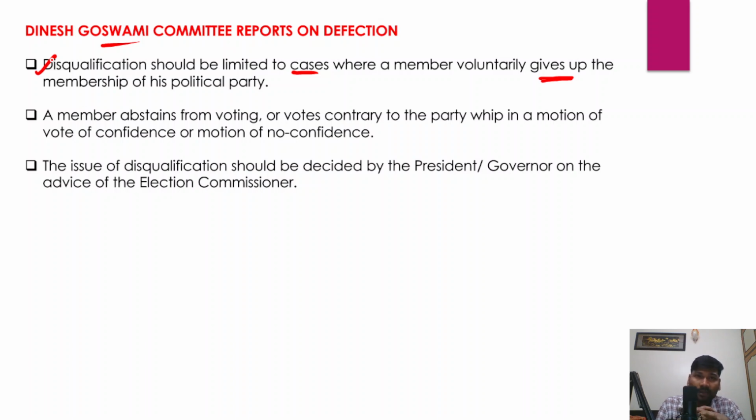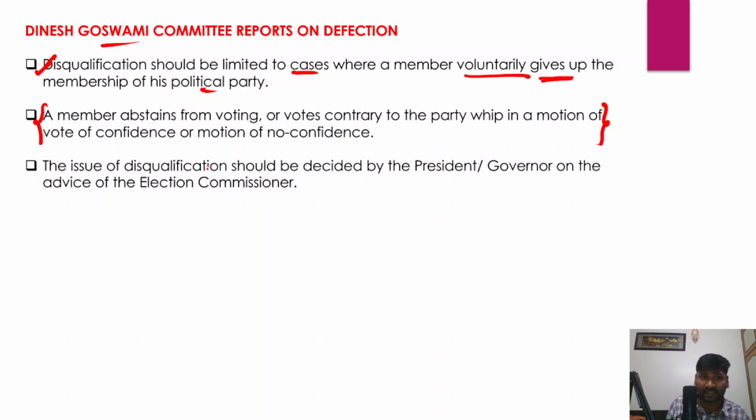But the Dinesh Goswami committee has been suggesting that the anti-defection law should be limited to cases where a member voluntarily gives up the membership of his political party, and then the anti-defection law should be applied. But it should not be applied in this particular case.